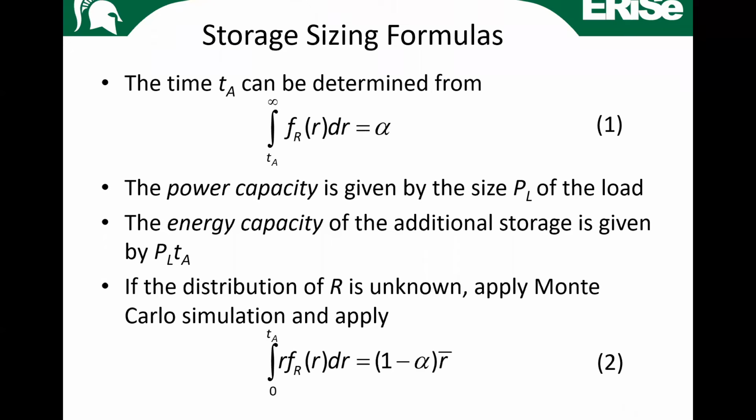If you want to increase the reliability of supply by a certain amount, which you've defined as alpha, then that how long, which also tells you how much energy is stored in the UPS, is given by PL times TA, right? So if you want the UPS to sustain your computer for 4 hours, that's 200 watts times 4 hours, right?